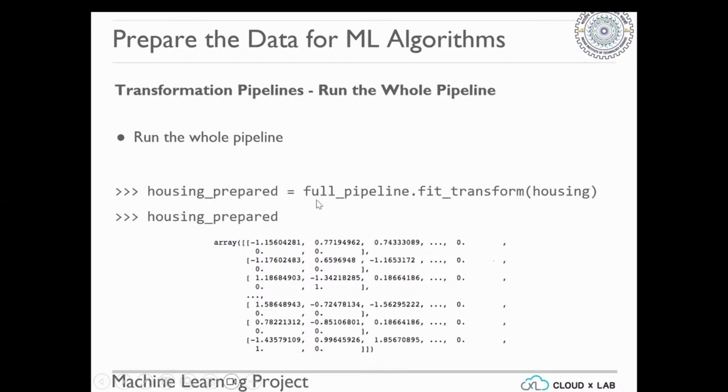So you can write full underscore pipeline dot fit underscore transform function, and you will pass here our data set. So now housing is a variable that contains complete data, right? So now your data is prepared, and you can use this data to train any machine learning model, right?